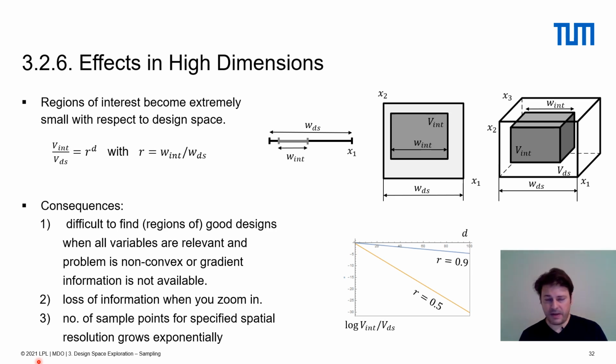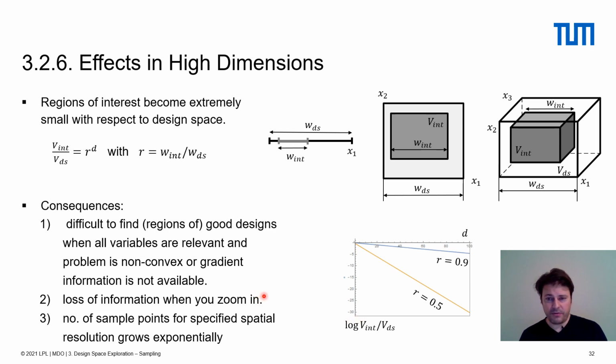Thank God in optimization, in numerical optimization, you do have help, which is provided by gradient information. But sometimes you do not have it. And when you do not have it, then you need to rely on particular search algorithms that need to overcome this difficulty that regions of interest are extremely well hidden in a high-dimensional design space.